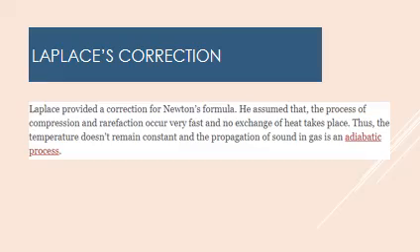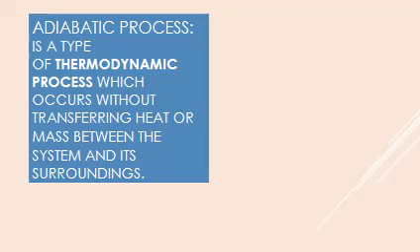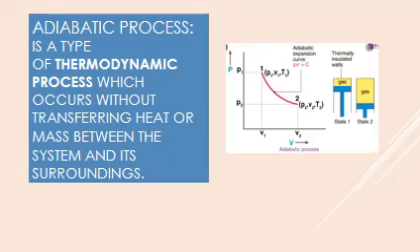Now we have to see what is adiabatic. An adiabatic process is a type of thermodynamic process which occurs without transferring heat or mass between the system and its surroundings, in which no heat is given to the system as well as no heat is taken away from the system.